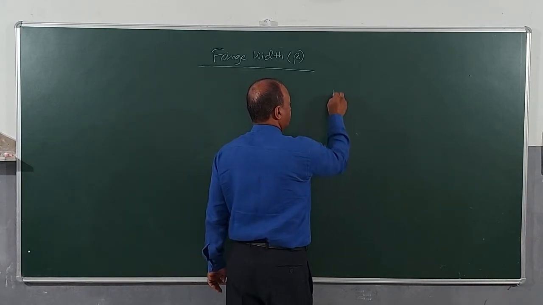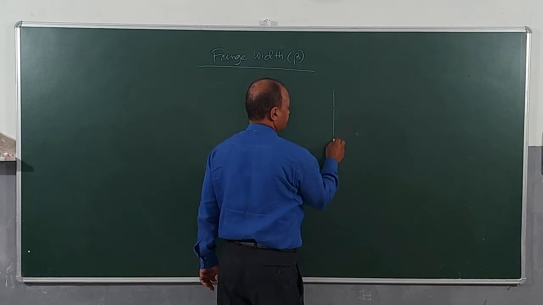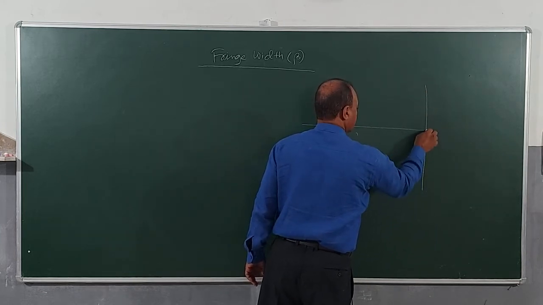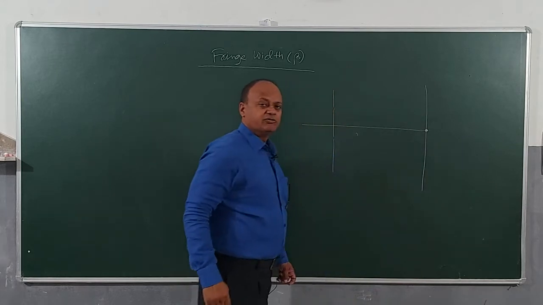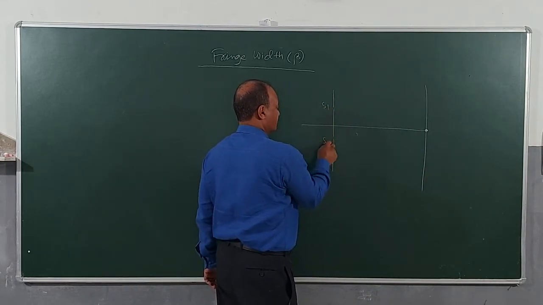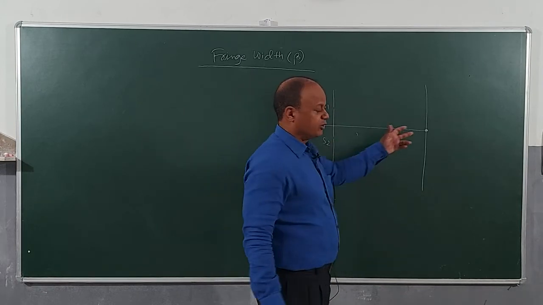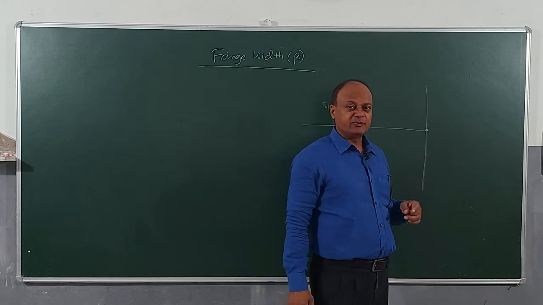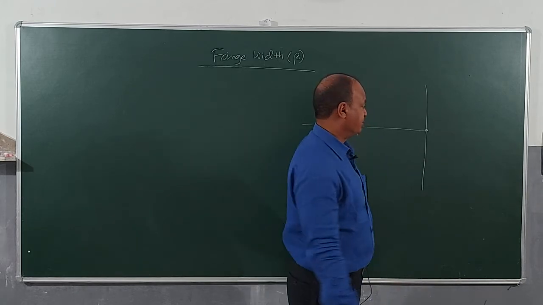We have these are slits and the screen is here. This is centrally located point, which is also called central maximum. This is S1 and this is S2. And this centrally located point actually acts like origin, and the position of all the fringes will be measured with respect to the central maximum.